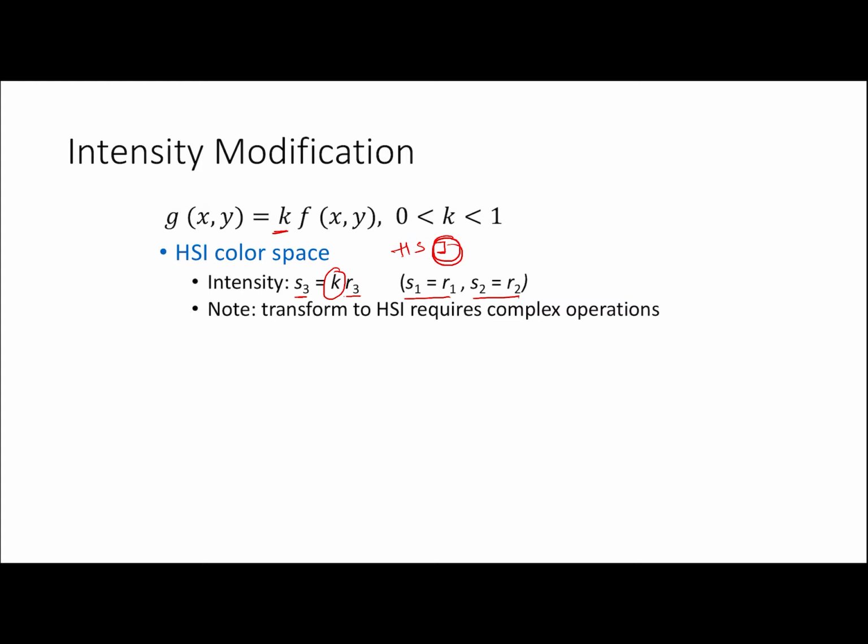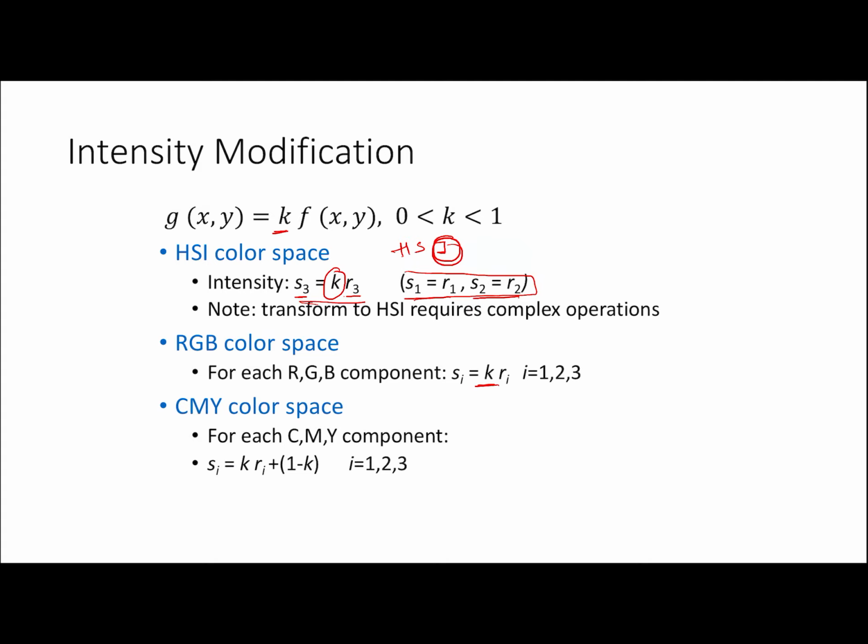In terms of our earlier discussion, please note that we are using different transformation functions. T1 and T2 are identity transformations in this case, and T3 is a constant transformation. In RGB color space, we need to modify all three components by the same constant transformation.